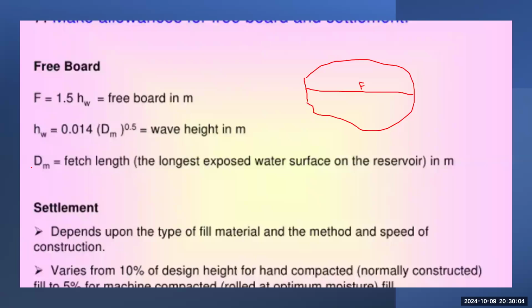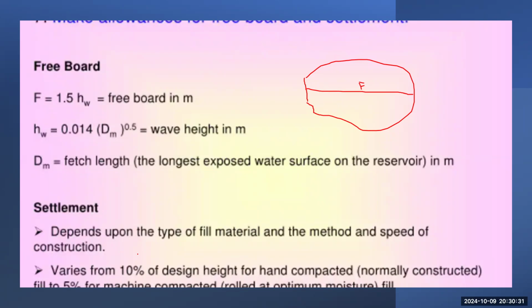So what is the fetch length? That is dm, the longest exposed water surface on the reservoir, because this fetch length is related to the wind velocity. There is no obstruction to the wind along this fetch length. So if the fetch length is more, the wave height will be more, because the wind flowing over the water surface creates waves in the reservoir.